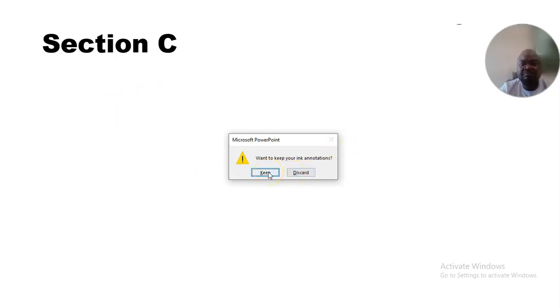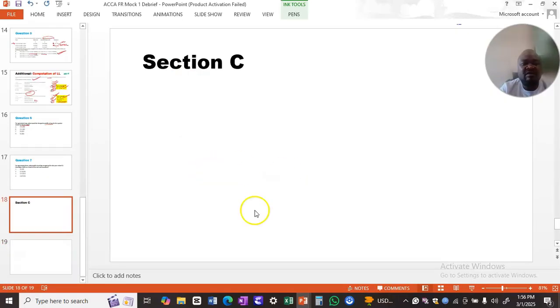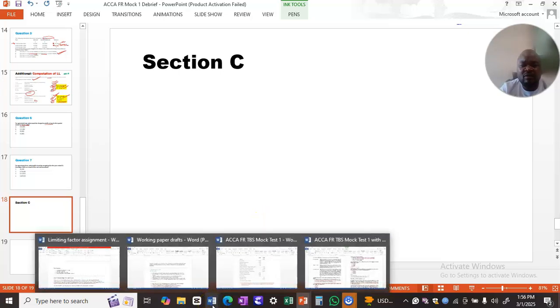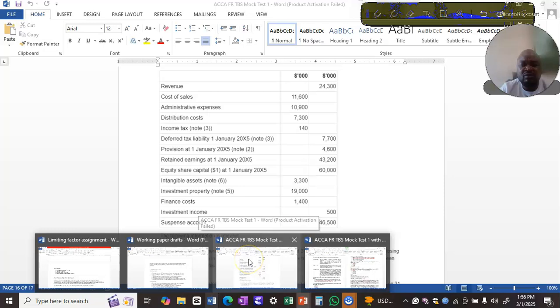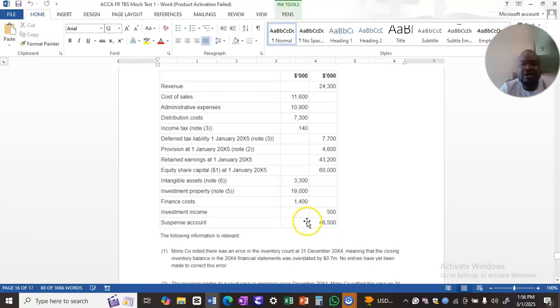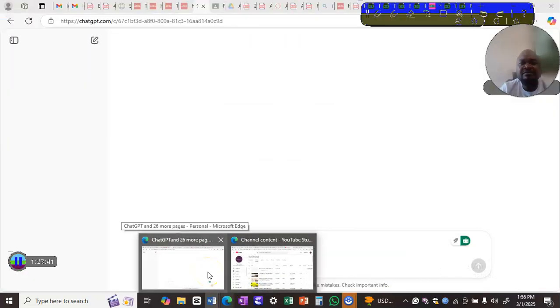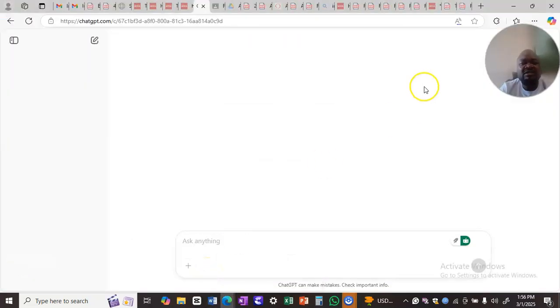I'm discarding all the workings, they're no longer necessary. Let me try to locate the question which we want to use. Don't I have a PDF version of the question, so that I can navigate using the pens?